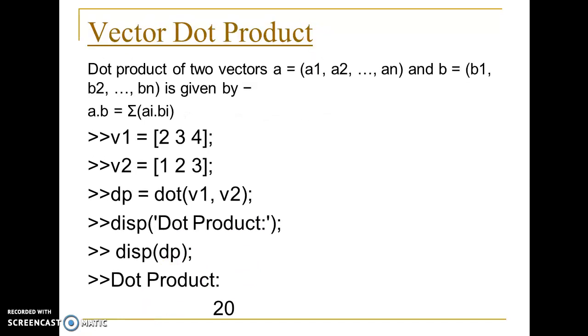Now let us see the next example. Vector dot product. The dot product of two vectors A equals A1, A2, A3 up to An and B equals B1, B2, up to Bn is given by A dot B is equal to summation of Ai into Bi.